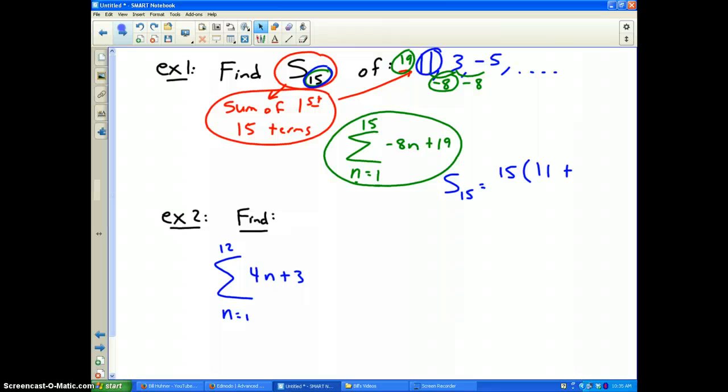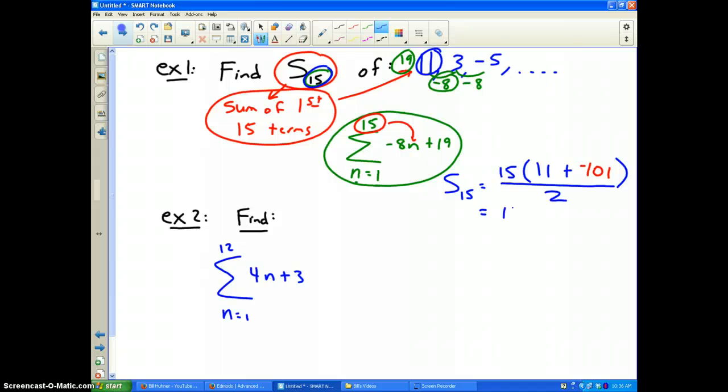We need to take 15, because we got to find that term in the pattern. We need to stick it in there for n. So we're going to go negative 8 times 15, and then add 19 to it. And you get negative 101. So plus negative 101, the whole thing divided by 2.